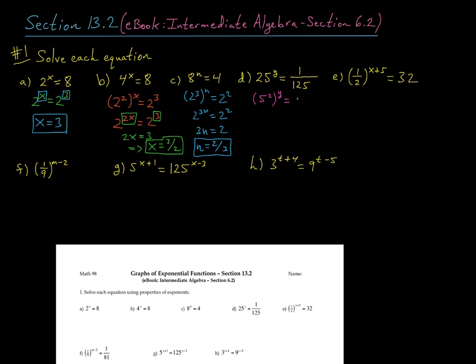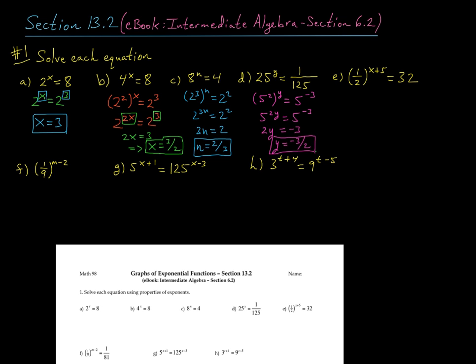So I can write that as 5 to the negative third power, because remember a negative exponent here is telling me to take a reciprocal. Okay, so now I have 5 to the 2y is 5 to the negative third. And so equating exponents now gives me 2y is negative 3. And so then we get that y is minus 3 over 2.